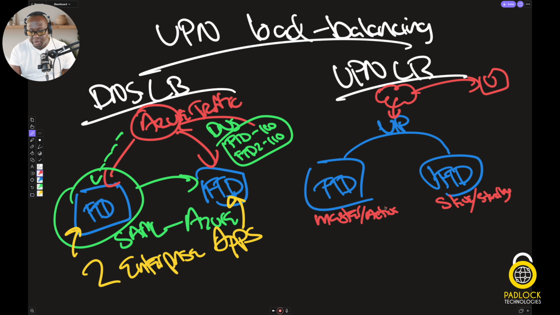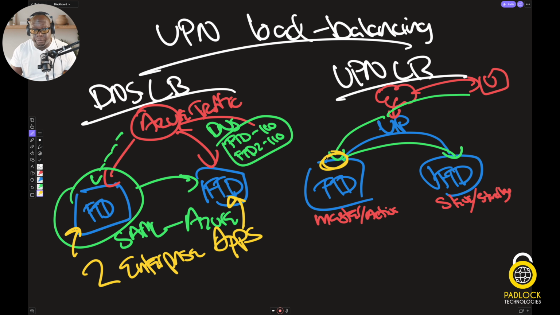What ends up happening is that RA VPN session gets kicked over to the master, and if the master is not overloaded, it will take on the session here, right?